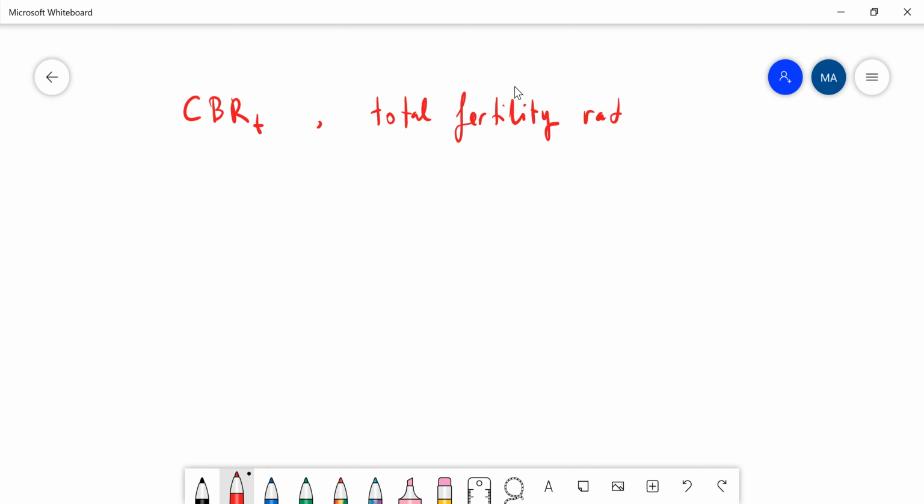We use this abbreviation for total fertility rate, or total fertility ratio, I'm sorry.